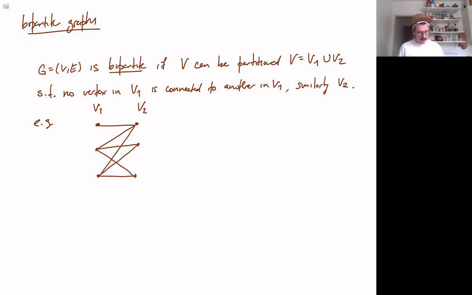But they will not always be presented to you in this way. A graph is bipartite, basically if it is possible to draw it in this way, not necessarily if it's already drawn in this way. So the 2 cube, for example, is drawn like this.